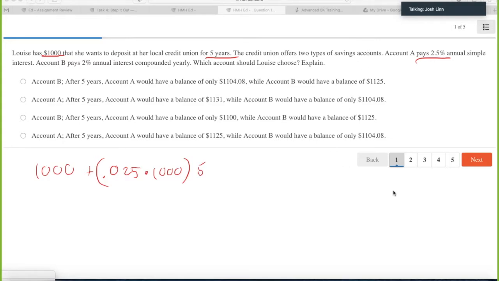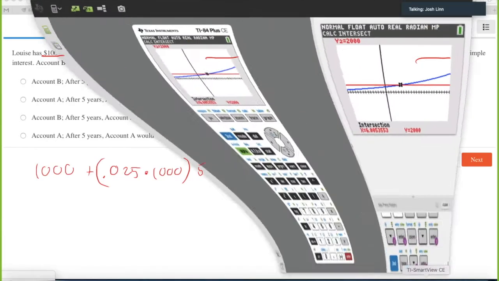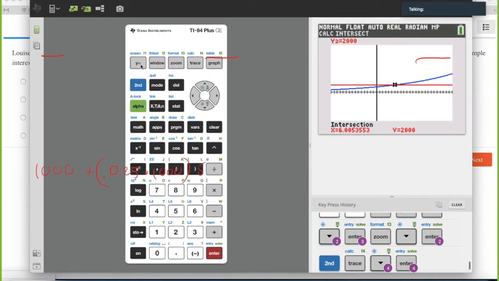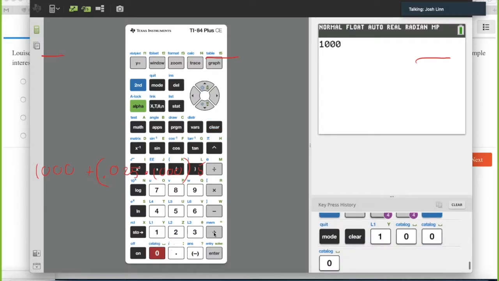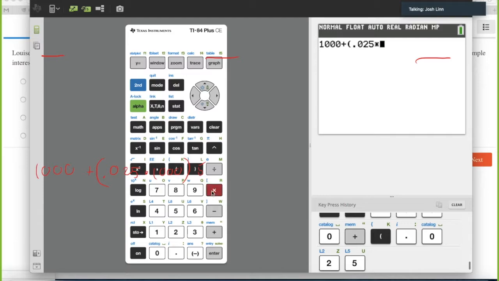So we pull out our handy dandy calculator. I know I wrote on the screen, but 1,000 plus parenthesis 0.025 times 1,000.